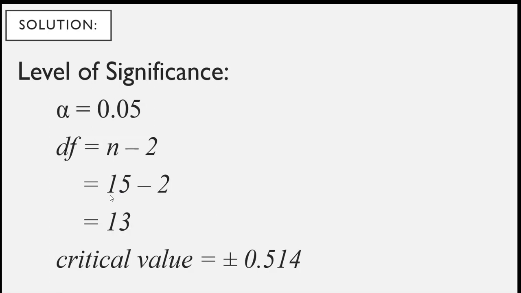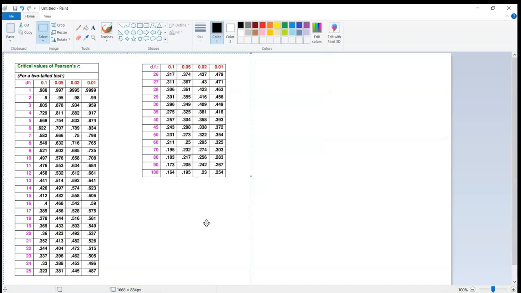Hence, our critical value is plus or minus 0.514. Now, you might be wondering where we get plus or minus 0.514. So, we will be using our level of significance and degree of freedom in order for us to identify our critical value.